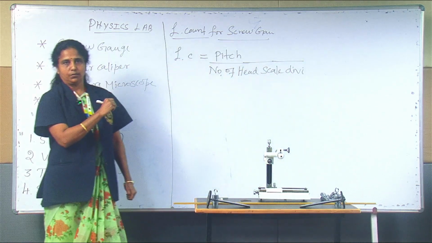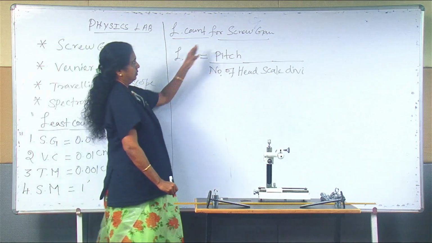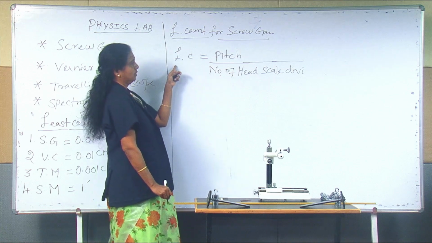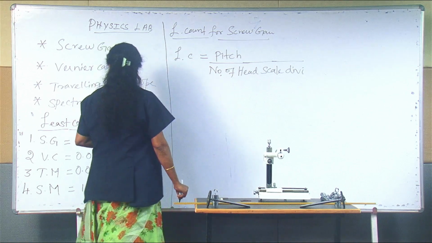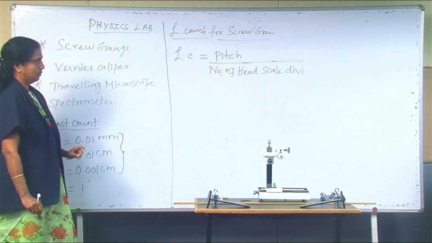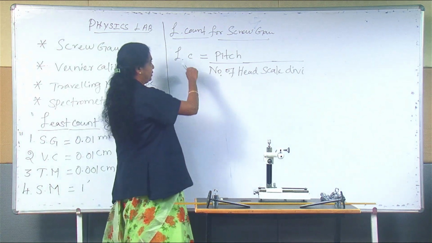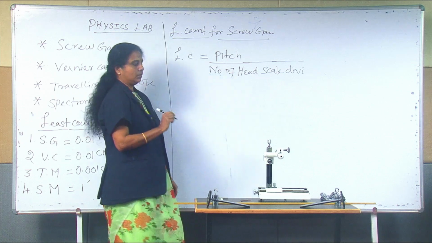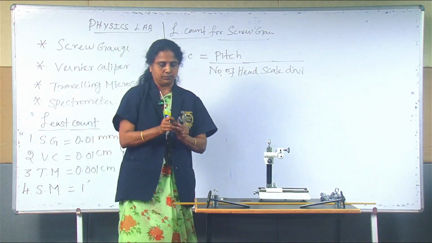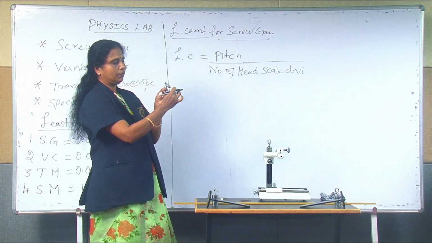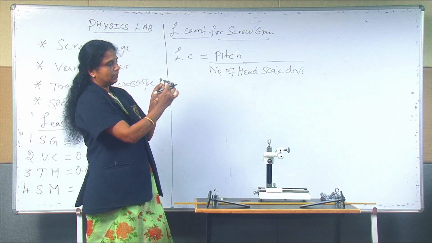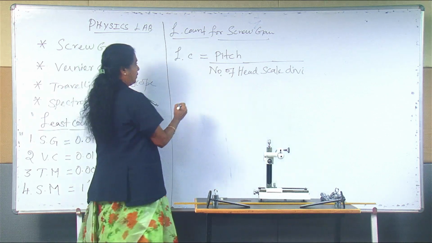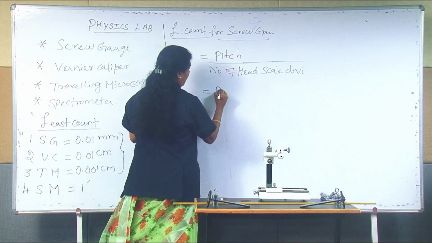So this is the formula for the least count of the screw gauge. That is how you got it as 0.01 mm. I will explain. The least count is equal to pitch by number of head scale divisions. If an instrument is given to you, you could easily find out the number of divisions on the head scale. You can look and simply write the number of divisions is equal to 100.